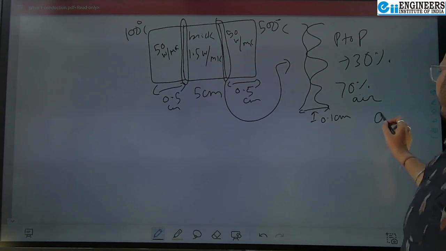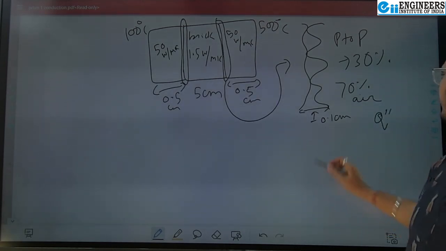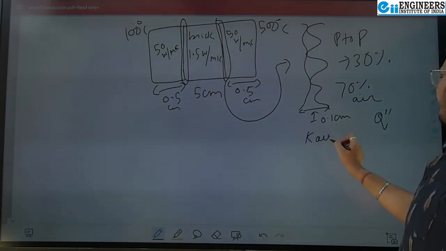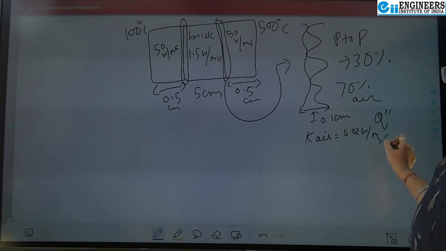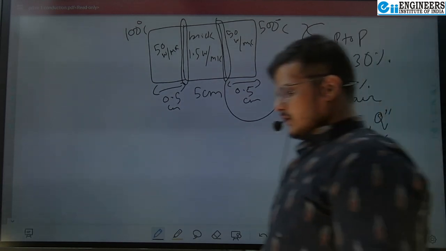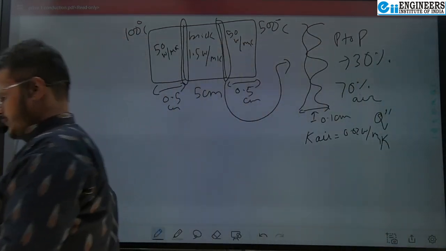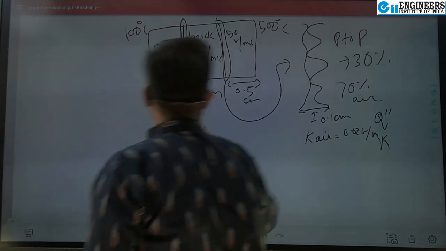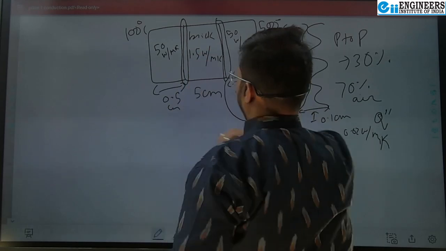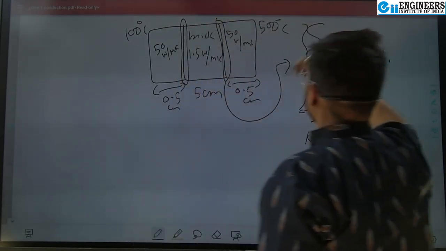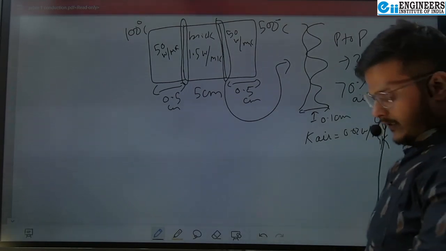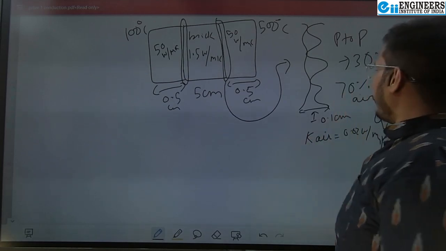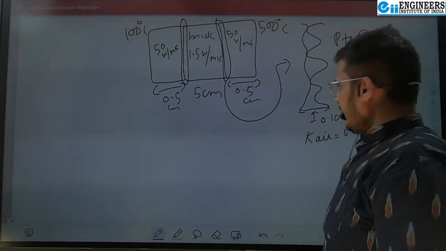What will be the heat flux with K of air being 0.02 watt per meter Kelvin? So all that has been given is that a brick is attached with two plates, and the plate to plate contact shows 30% solid to solid contact, and the rest 70% is contact because of the air.